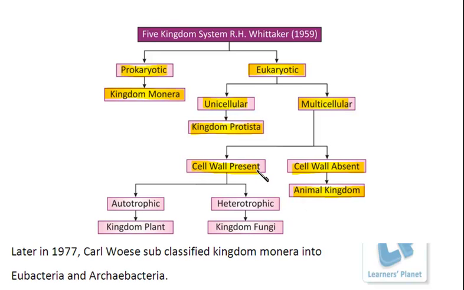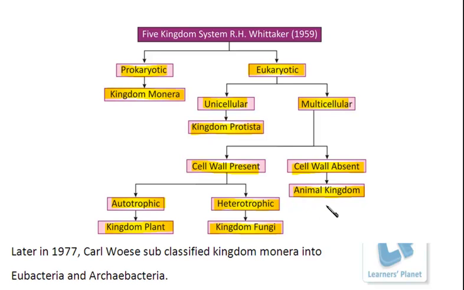And if the cell wall is present, then the next thing to be considered is whether these cell wall containing organisms are autotrophic or heterotrophic. So if these are autotrophic, they are placed in the kingdom Plantae, and if they are heterotrophic with cell wall, then they must constitute the kingdom Fungi.